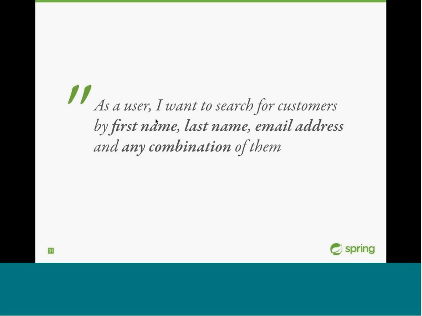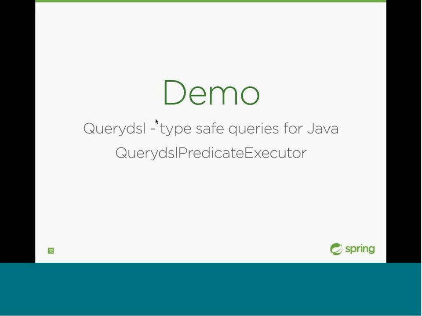So assume this requirement here, we want to search by first name, by last name, by email address, or by first name and email address, by email address and last name, what have you. If you were trying to achieve that with query methods, you would run into an explosion of the number of query methods. And something we actually recommend to use in that case is a tiny project called Querydsl.